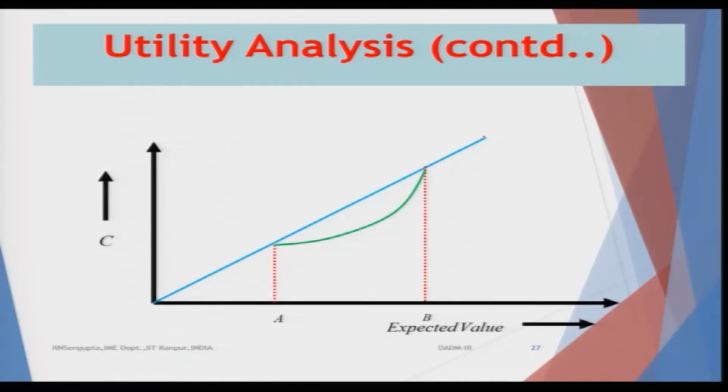I will not mark it, but just show it here. This is the 45 degrees line, and you mark any two values of a and b on the x axis. Now, consider a is the total wealth, or the total so called output based wealth. What is that?